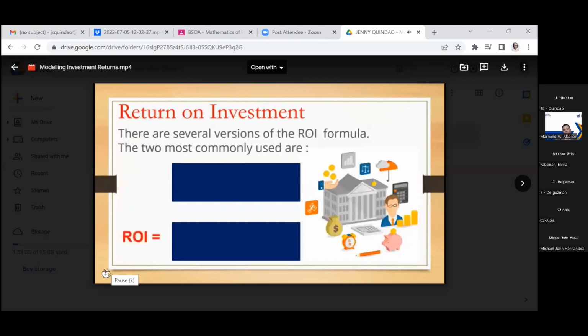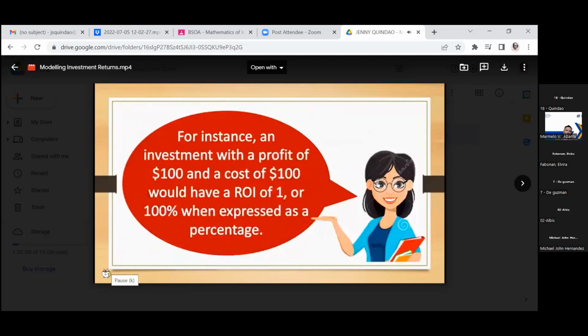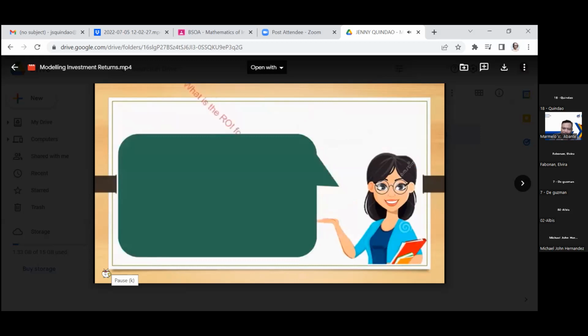The two most commonly used are ROI equals net income divided by cost of investment, or ROI equals investment gain divided by investment base. For instance, an investment with a profit of $100 and a cost of $100 would have an ROI of 1, or 100% when expressed as a percentage.